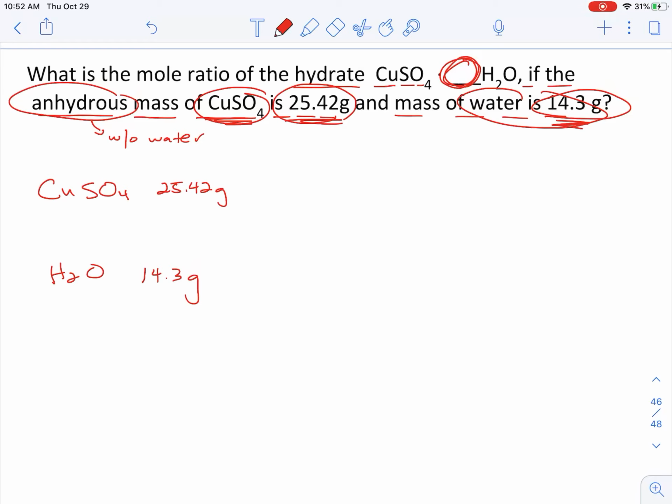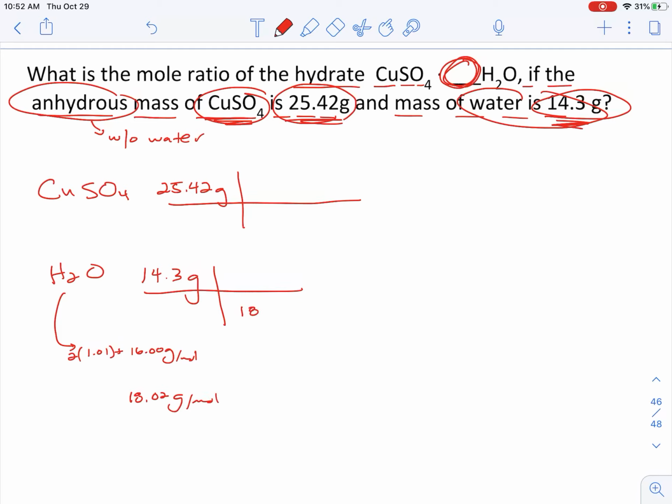We'd have to look at it using the molar masses. So using the molar masses, the molar mass of H2O is 1.01 times 2 plus 16.00 grams per mole. So that ends up being 18.02 grams per mole. I'm going to put that on the bottom here for every 1 mole.